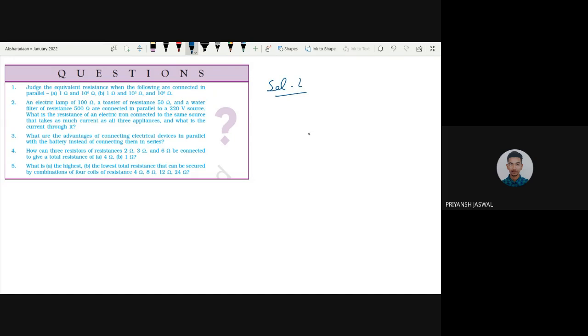Okay, so first we are given three components in parallel and connected with a 220 volt source. Assume it to be DC because AC has not been mentioned. The resistance of the three components is 100 ohm, 50 ohm, and 500 ohm.